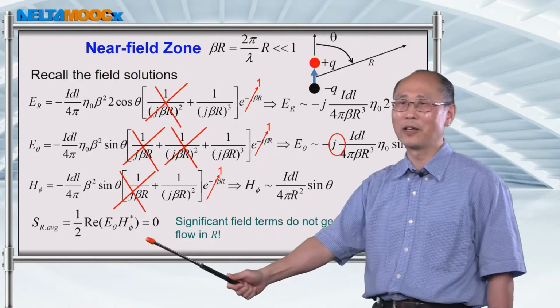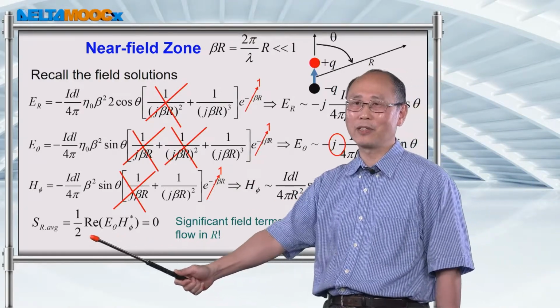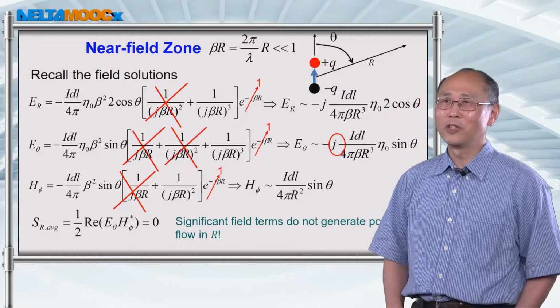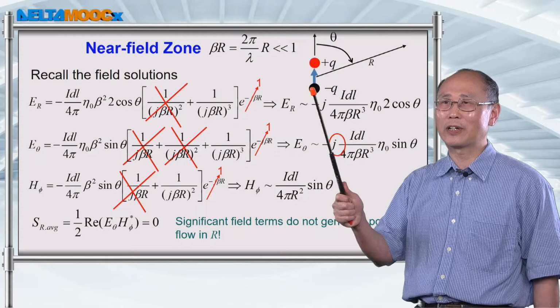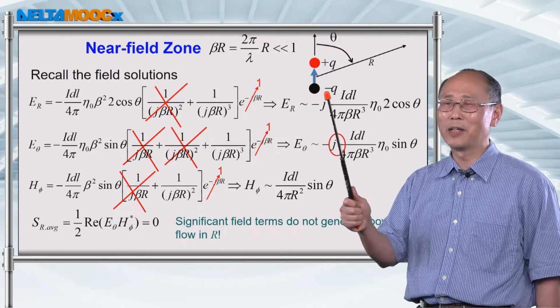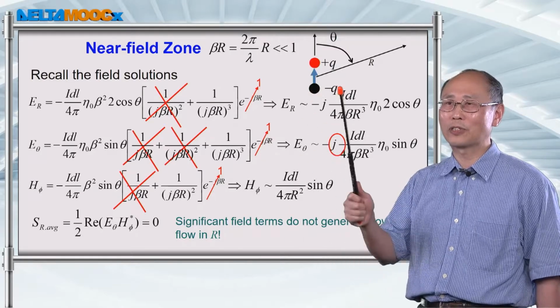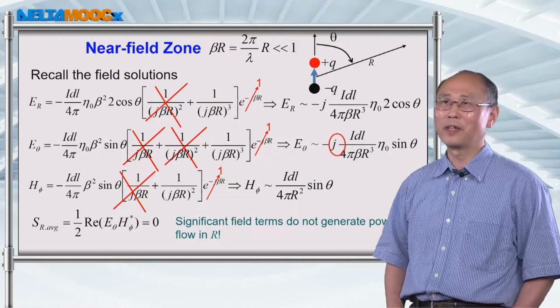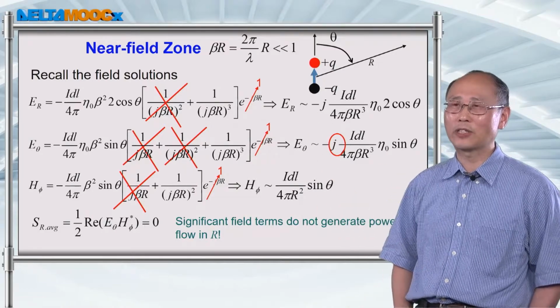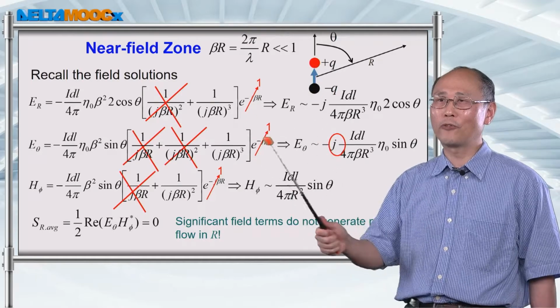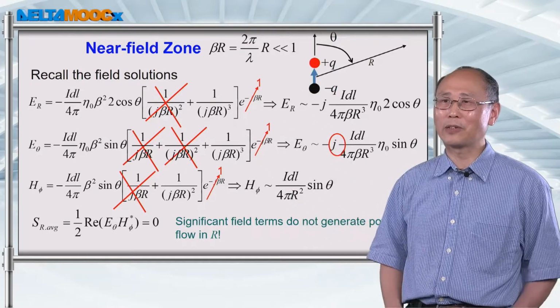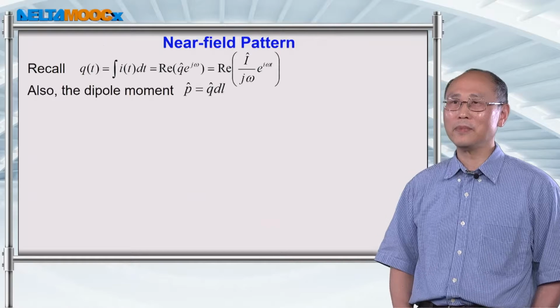So it turned out that you don't have anything left in this calculation. So this means that if we pay attention to the near field of a Hertzian dipole antenna, it turns out that those fields do not radiate. And this is quite an interesting phenomenon, because in the near field those fields dominate, but they do not radiate.